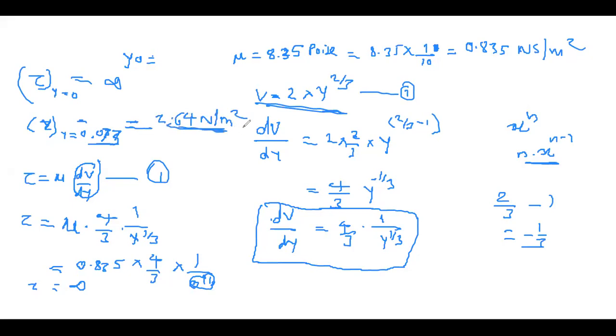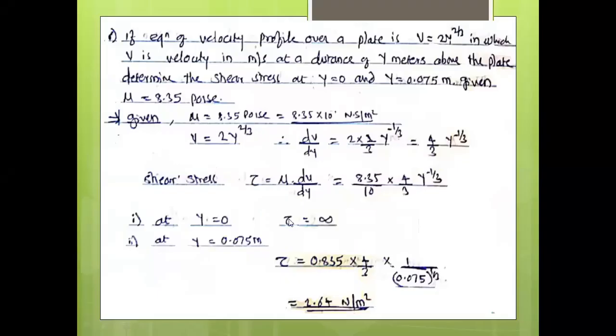Correct. So now let us check whether our answers are correct. First answer is infinity and second answer is 2.64. So tau is equal to infinity for the first, and the second answer is 2.64 Newton per meter square. Correct, so our answers are correct.